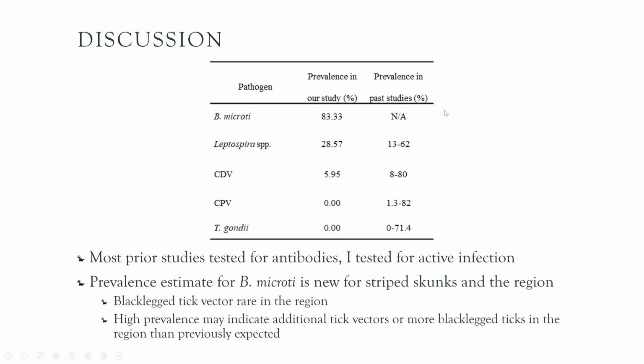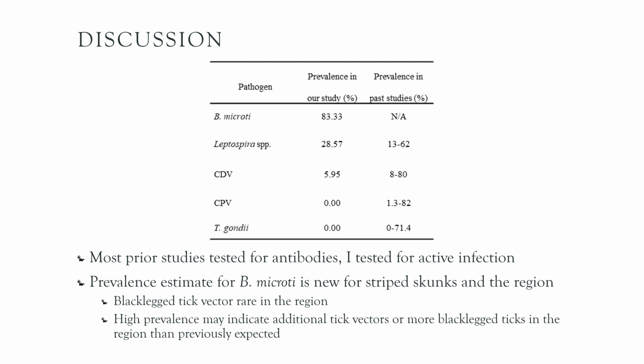So back to this Babesia microti prevalence, it's extremely high, especially given that I did not expect to detect any Babesia microti because the black-legged tick vector, or the deer tick, as many of you might know it, are pretty rare in the region.